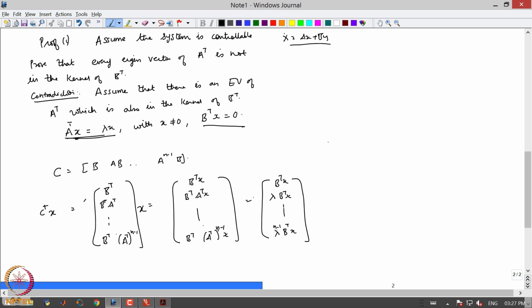So, I just start with the controllability matrix, take its transpose, multiply by x, and make use of the fact that lambda is the eigenvalue of A transpose with the corresponding eigenvector x.